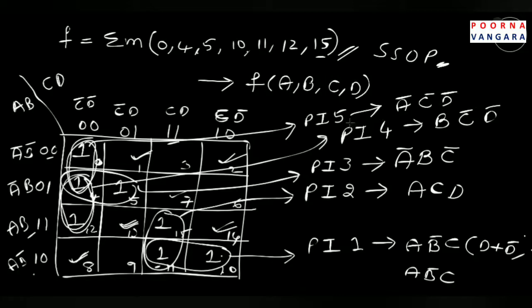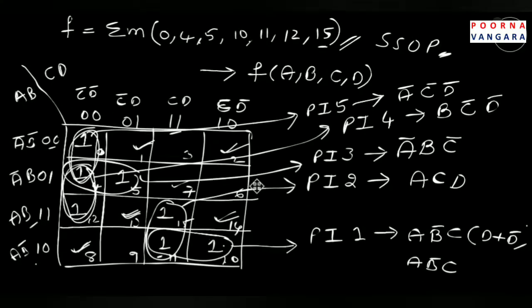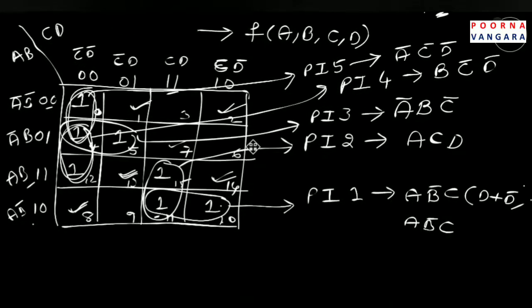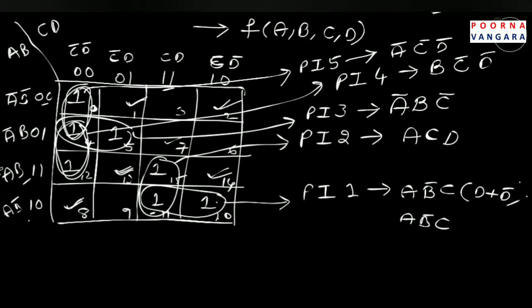So we got a total of 5 prime implicants, and for this example there is no chance to leave out any prime implicant, because all of them are mandatory to write the final expression. In such a case you can call them essential prime implicants.